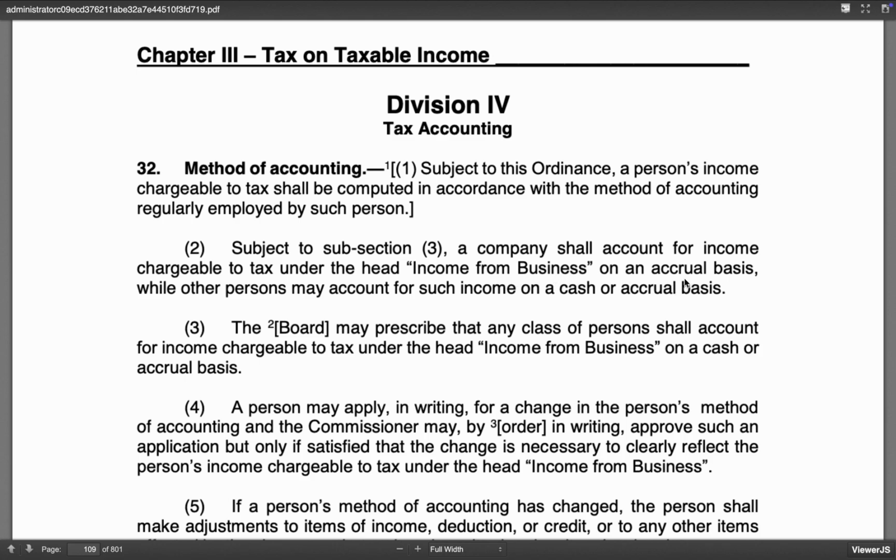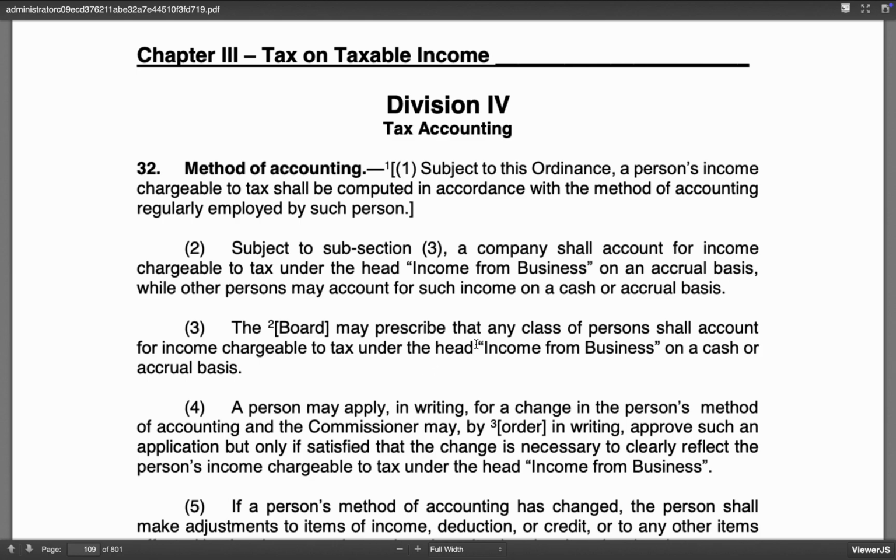So every person, whether a sole proprietor, a property owner or an employee, has been given leverage to employ the regular way of accounting, that could be cash or accrual, but companies are bound that their income from business will be based on accrual basis, while other persons may account for income on cash or accrual basis. Cash basis and accrual basis will be defined going forward.